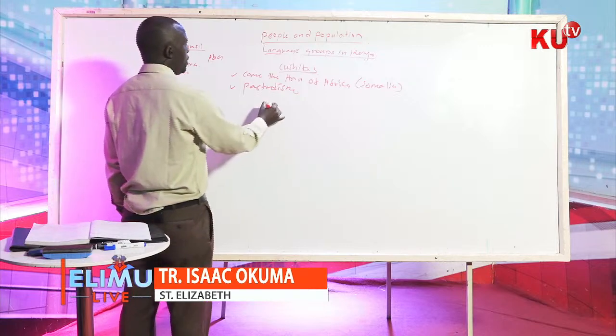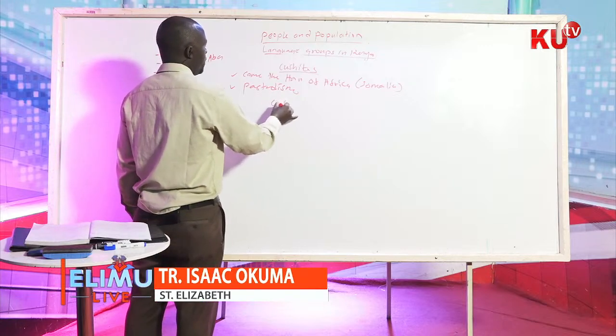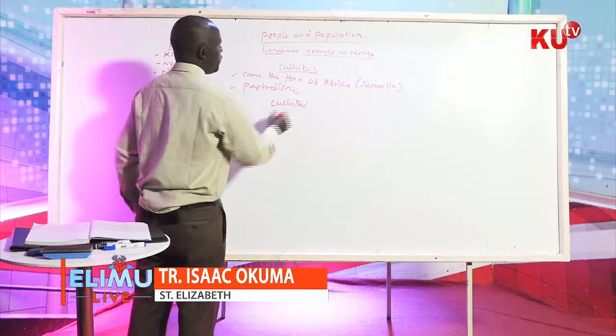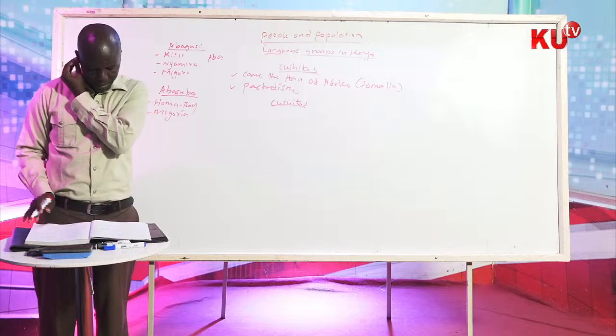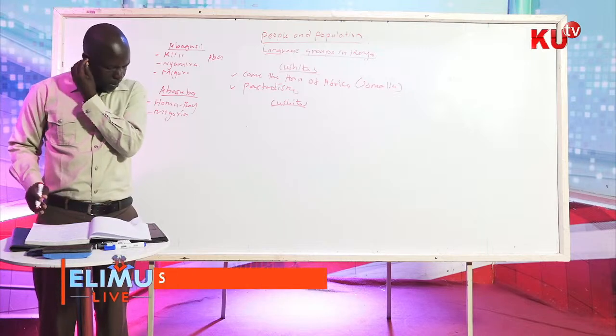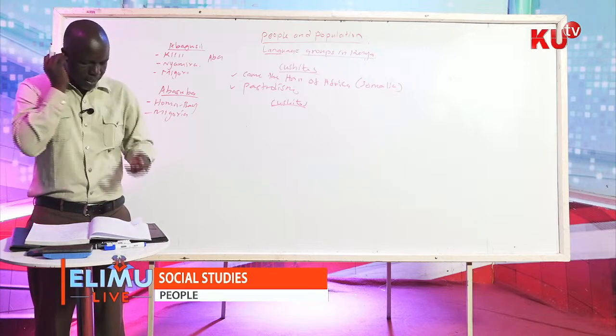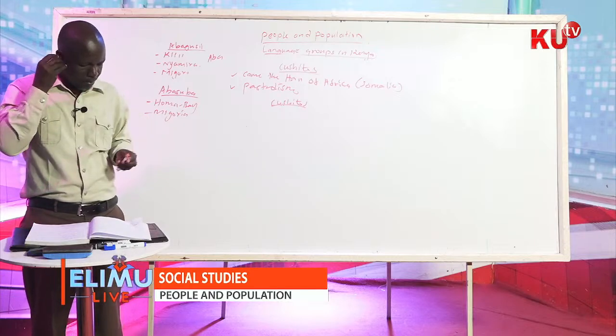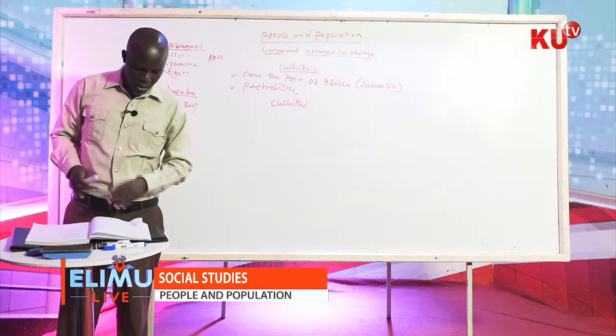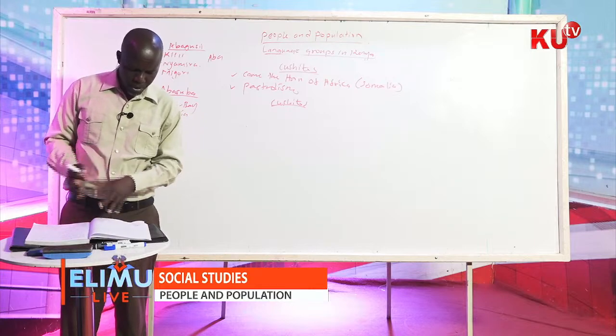So the Kushites in Kenya are also divided into two groups. We have the Eastern Kushites. Then we have the Western Kushites.